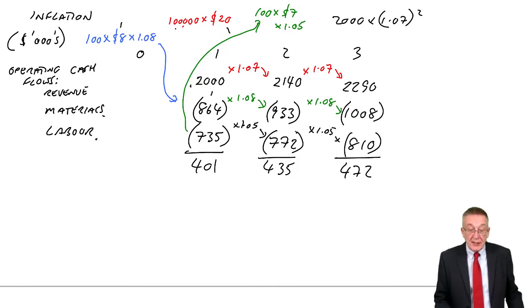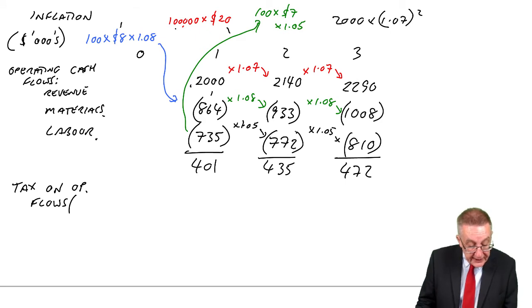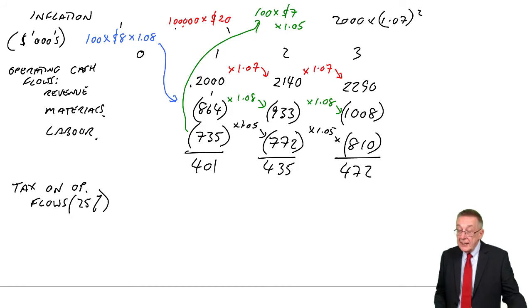Well, I think all the rest of it we already know how to deal with. We work out the tax on the operating flows. At what rate is it? Here it's 25%. And it's 1 year in arrears.